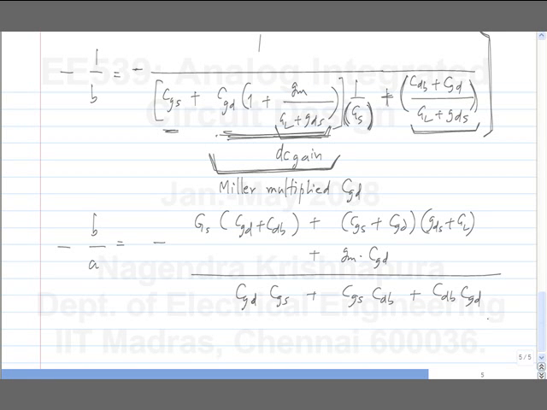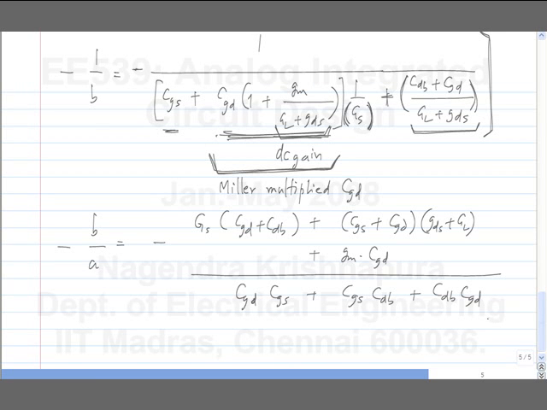Into the denominator multiplied by the GS into GS plus. Now the dimension looks correct to me. You have conductance by capacitance, right?